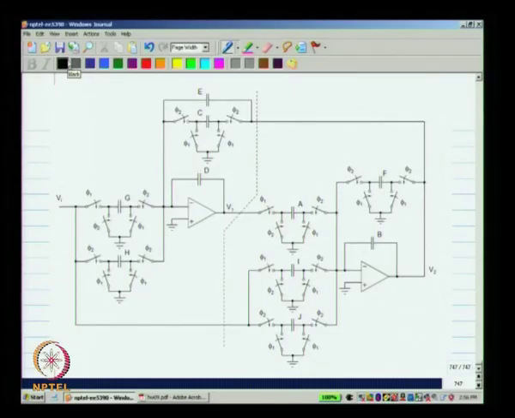This is a topology of a switch capacitor filter which was pioneered by Fleischer and Laker long ago, and you can identify 2 integrators, this integrator with this feedback capacitor D and this integrator with the feedback capacitor B. You can also identify these switch capacitor elements, this capacitor G which samples the input in phi 1 and dumps it to D in phi 2, and this one which samples the input in phi 2 and dumps it also in phi 2.